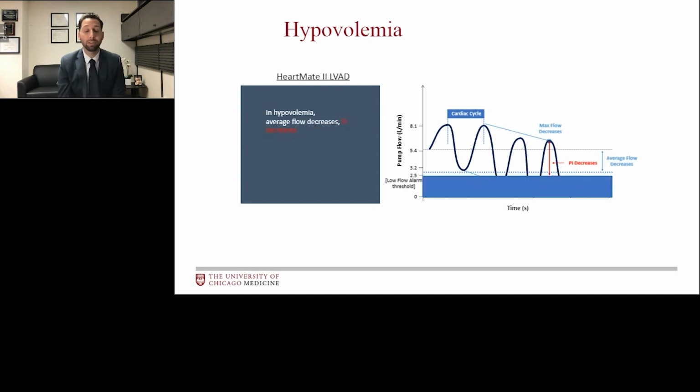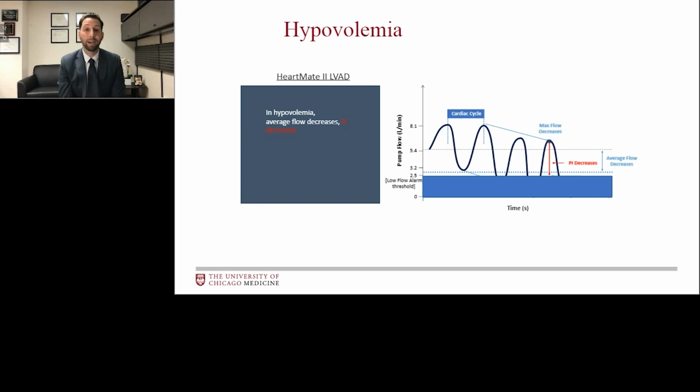Conversely, the HeartMate 2, as I've mentioned, is not good at predicting or estimating flows that are less than 2.5 liters per minute. So although actual flow in this scenario is low and way less than 2.5 liters per minute, the HeartMate 2 does not see this. It only sees the flows up to 2.5 liters per minute.